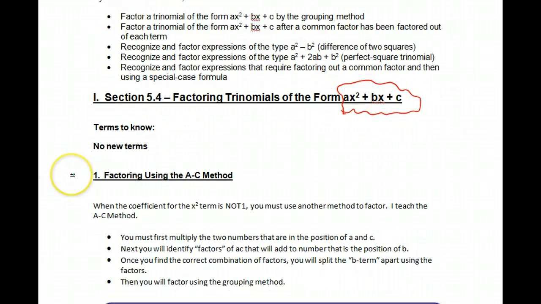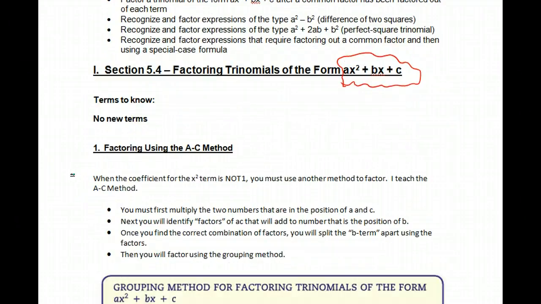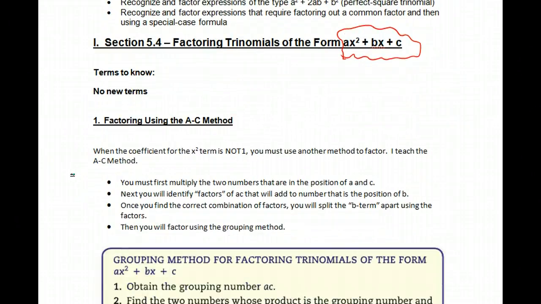So we're going to go ahead and begin with the information from Section 5.4. When you have a quadratic that's in the form of ax squared plus bx plus c, this means that the coefficient of your x squared term will not be a positive 1.